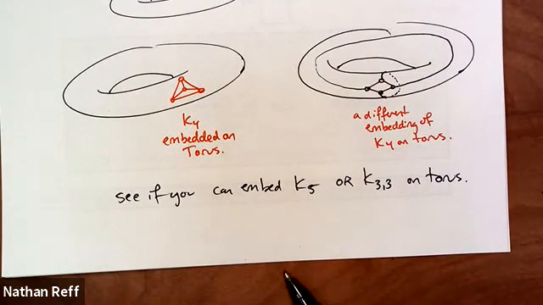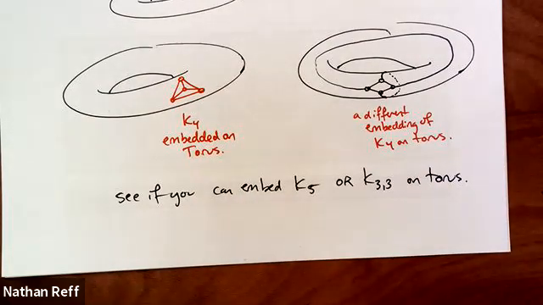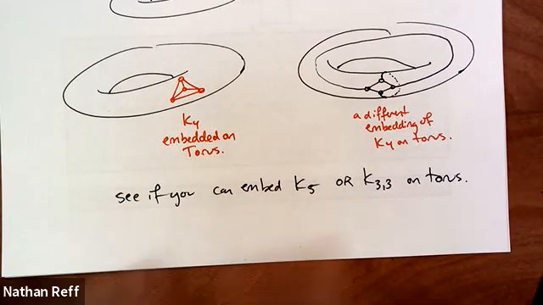So an interesting question might be, what is the minimum number of holes that I need to embed my graph? All right. Maybe I'll mention what's going on here next time. Okay. So on Friday. So that's a good challenge problem for you. All right. I'll see you on Friday.